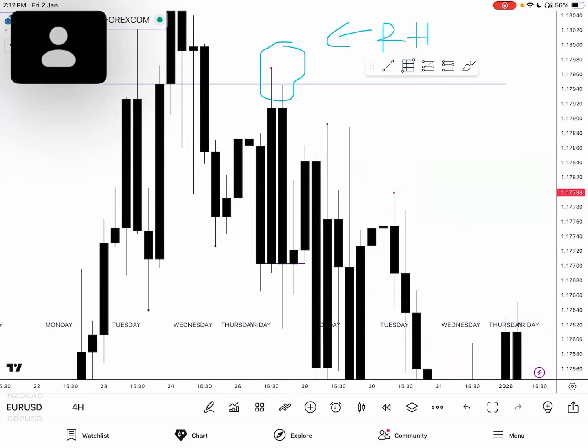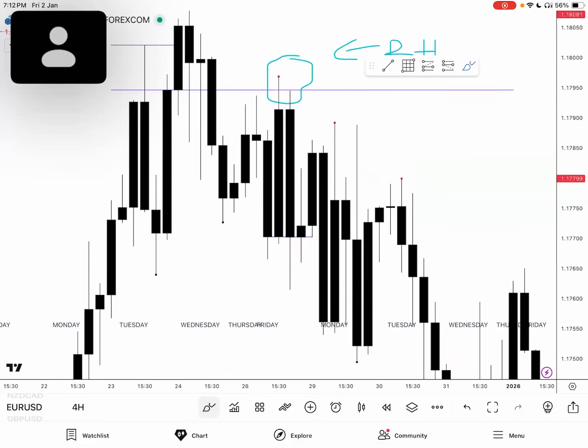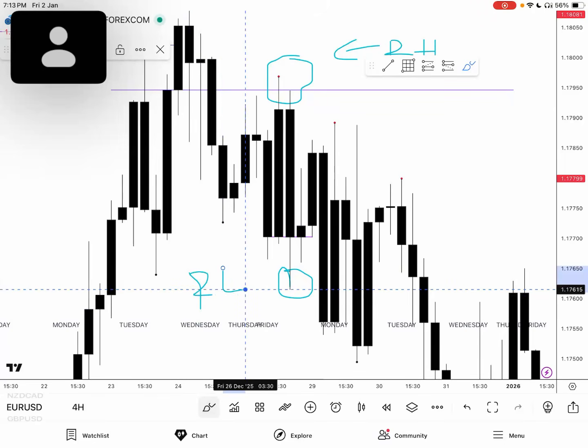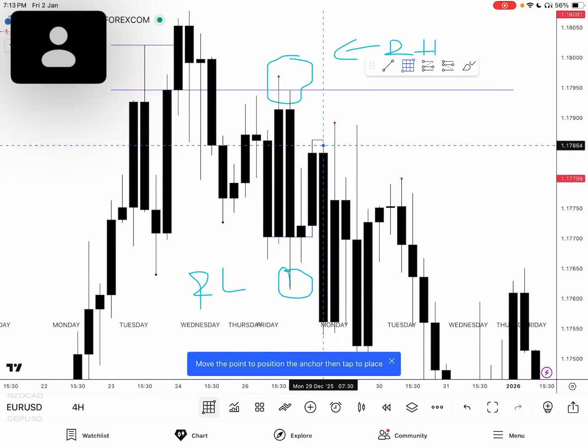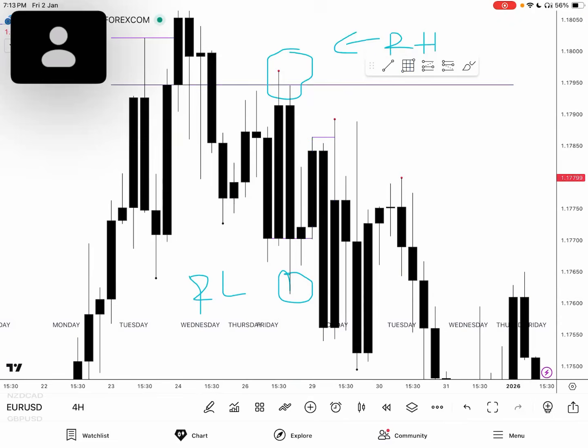Once the range high was formed, the breakout low, right? That low was our range low. Okay. So this is our range high. This is our range low. Okay. Here, how do we take the entry? After the break of structure, if there is a liquidity, there will be the entry. So here you can see the liquidity formed here. So if there is a liquidity, then there will be the entry.